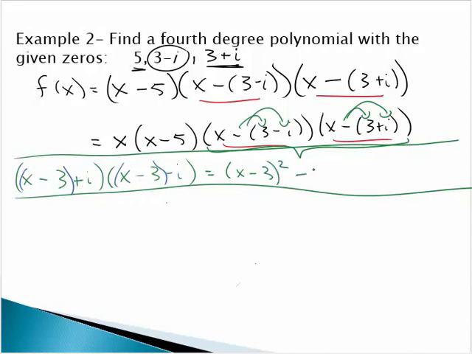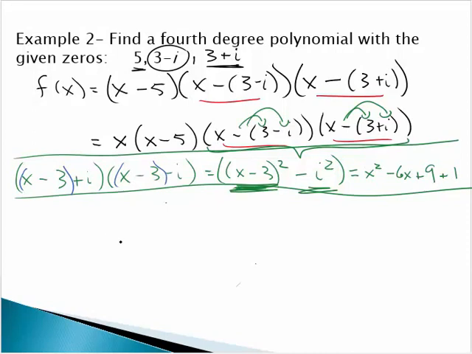And then the two last terms, minus i squared. Okay, we know i squared is negative 1. So I can square this out. By the way, I actually have to FOIL this one, right? I'm not multiplying something by its conjugate. x minus 3 quantity squared is x squared minus 6x plus 9, and then minus i squared is minus negative 1, or plus 1. Right?